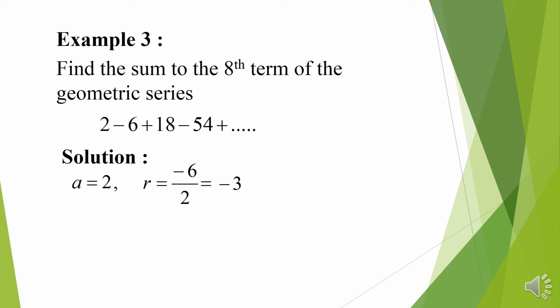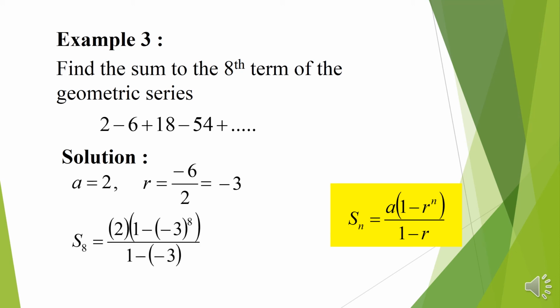So here we apply the formula Sn equal to a(1 - r^n) over (1 - r), and by substituting a and r with n equal to 8, we get 2 times (1 - (-3)^8) over 1 - (-3), which is equal to negative 3280.